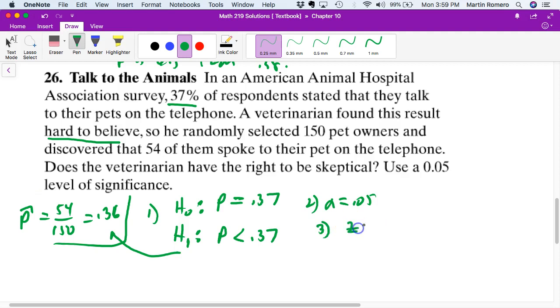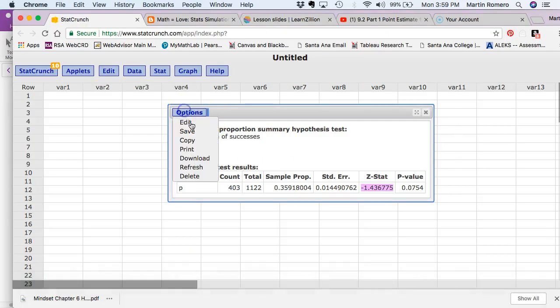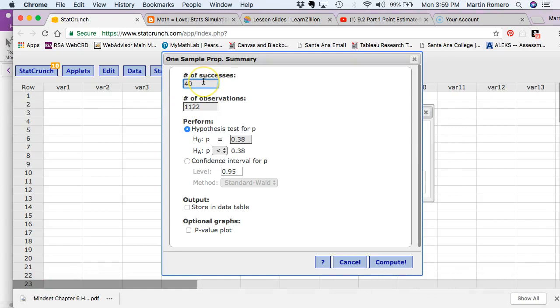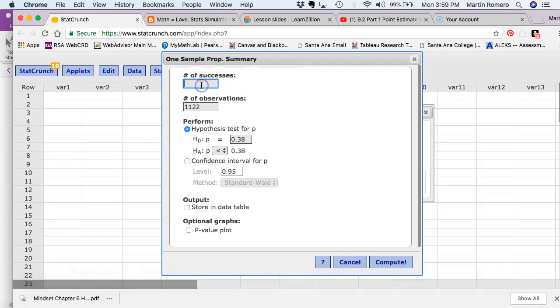Step 3 is we need the z value, and then from there we get a p-value. And so the z value, we go ahead and run this test. Go back to here. Let's change this up. I already forgot the numbers. For 26, it was 54 successes out of 150.